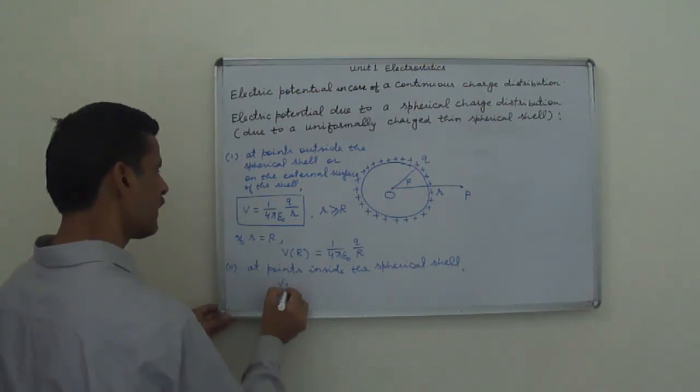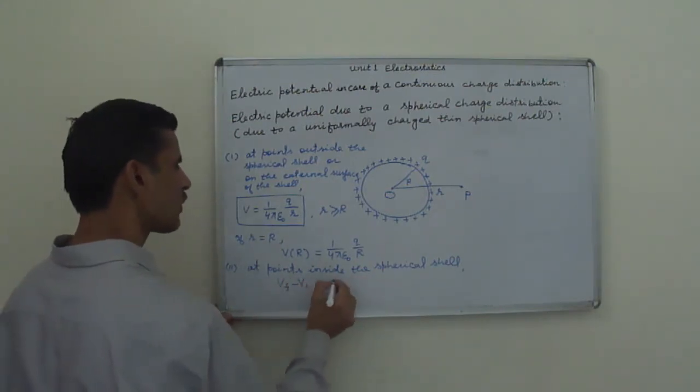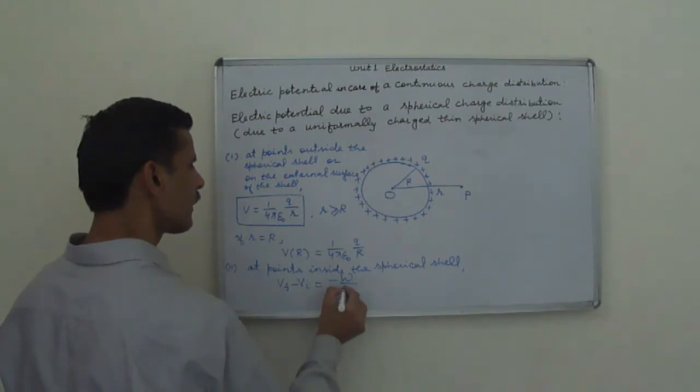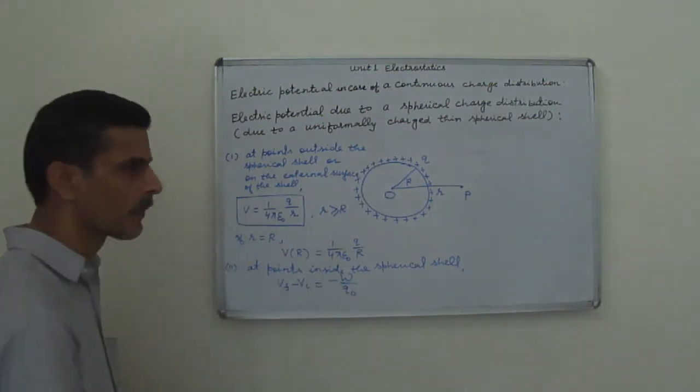You know, Vf minus Vi is equal to minus W upon q naught.